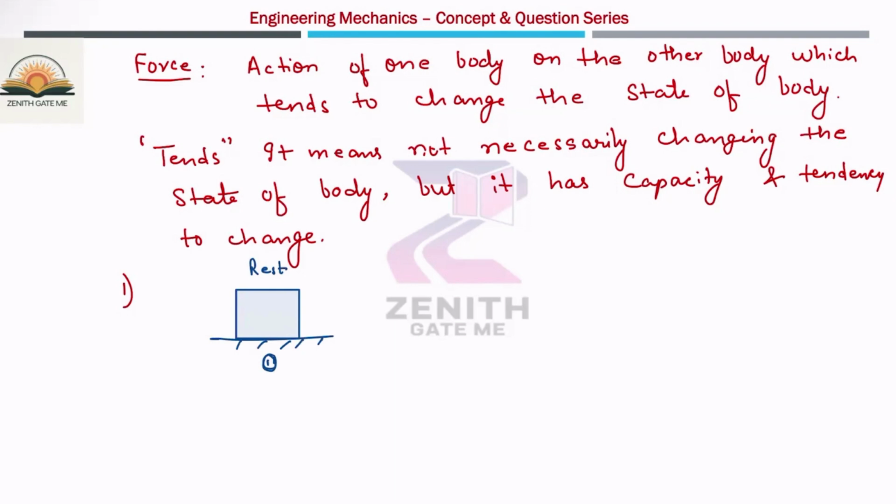Now, once you apply the force over this particular block, what will happen? This body will come into motion. I'm not bothering about what is the friction force which is exerting here. So if you apply the force, the body will change the state from rest to motion. Let us suppose at some instant, the position will be here. So this is the second position. So you have applied some force, the body is in motion.